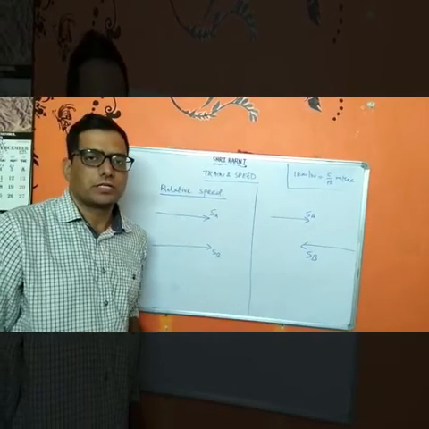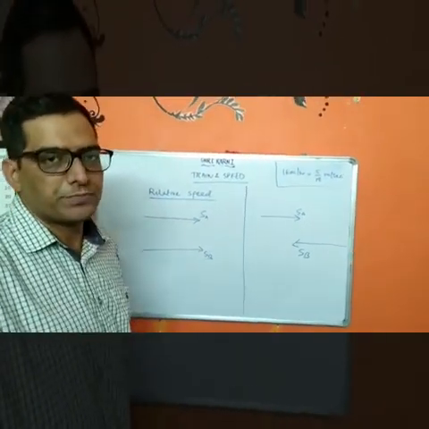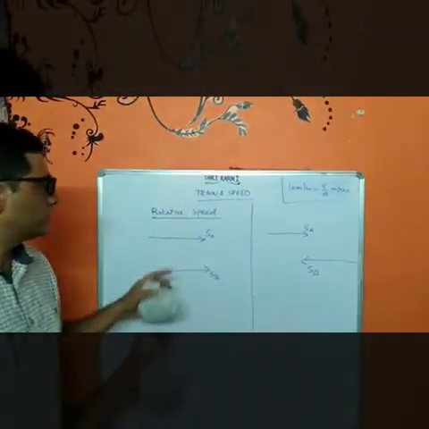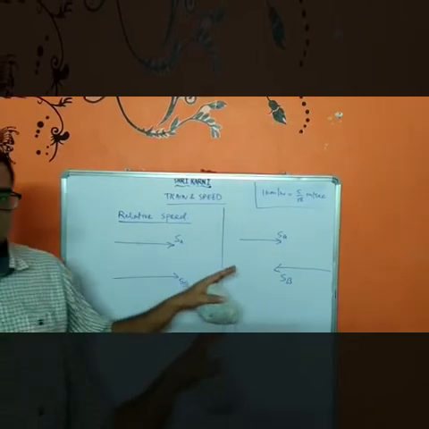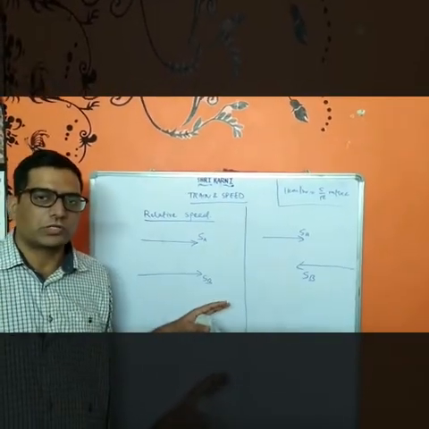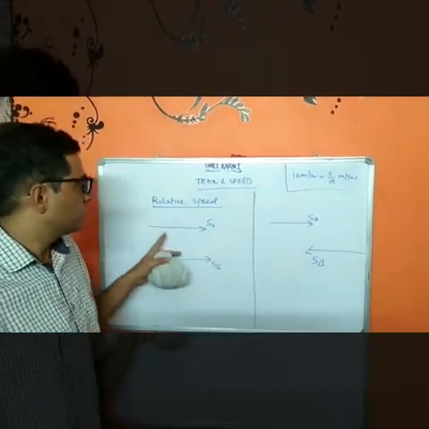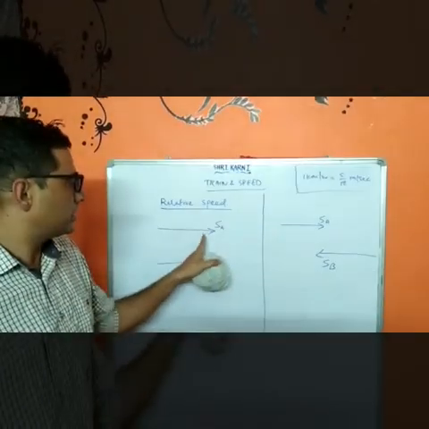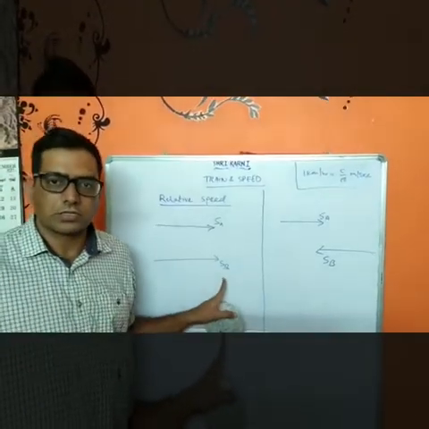Now we will study what is relative speed. As we all know, there are two cases of the particular situation of two trains. In the first situation, both the trains are running in the same direction.